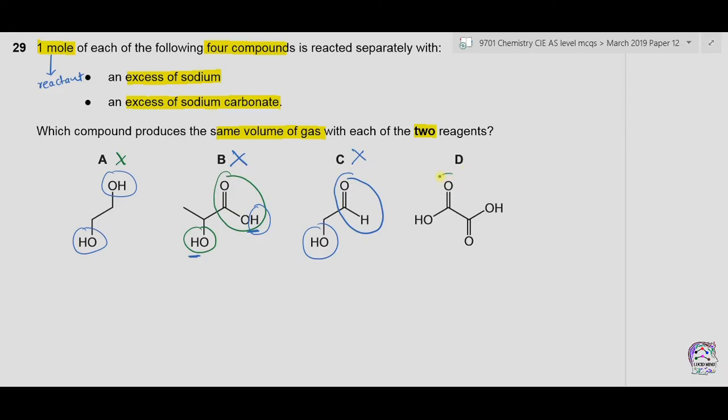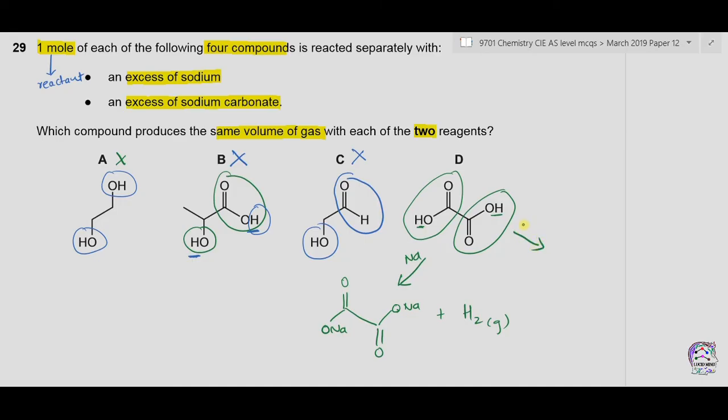In D we have two carboxylic acid functional groups. Let's first react them with sodium metal. The product will be like this. One hydrogen has been removed from this oxygen, one from this oxygen. So a molecule of hydrogen will be produced.